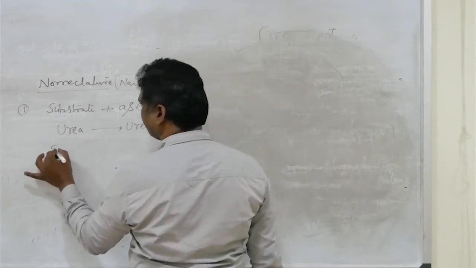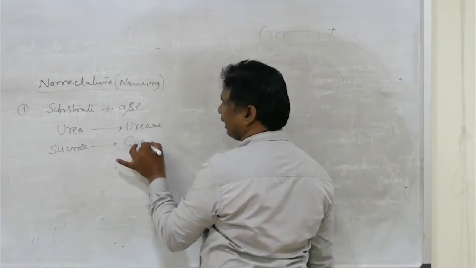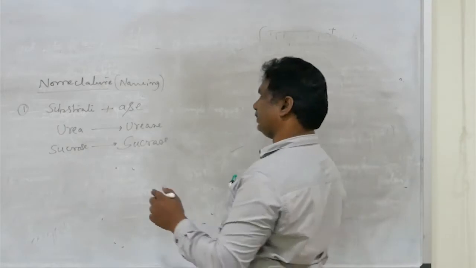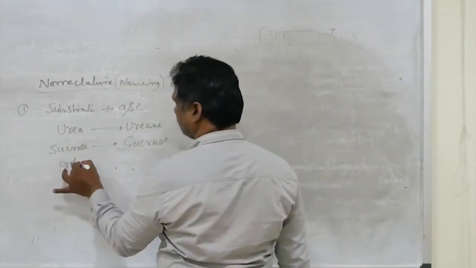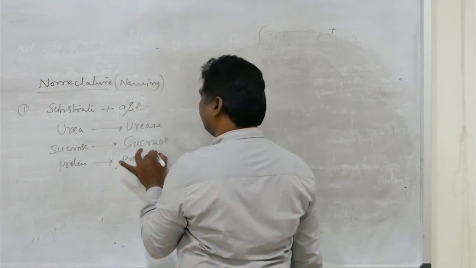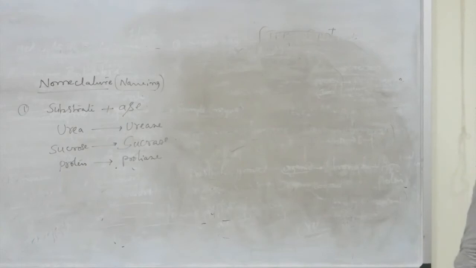If the substrate is sucrose, the enzyme is sucrase. If the substrate is protein, the enzyme is protease. This is one criterion to explain enzymatic activity.